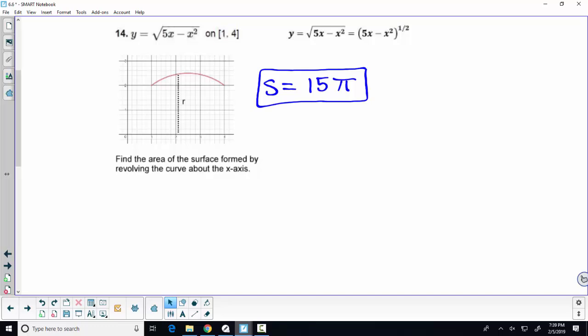Okay, I think I know what I did. So I have to take 5x. The top is expanded by the bottom, where I ended up with 5x minus x squared.